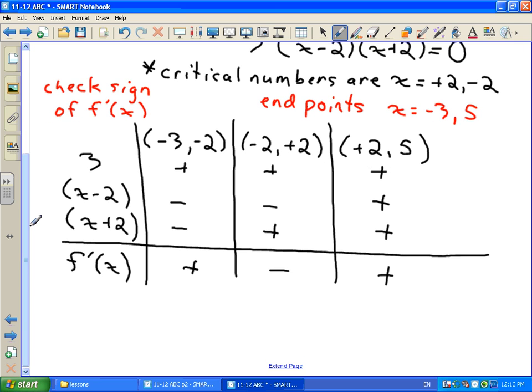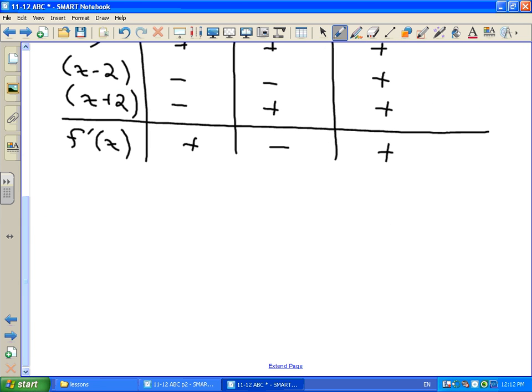So what does this tell us? Well, this tells us that it goes from positive to negative to positive. So we have a local maximum at x equals -2.